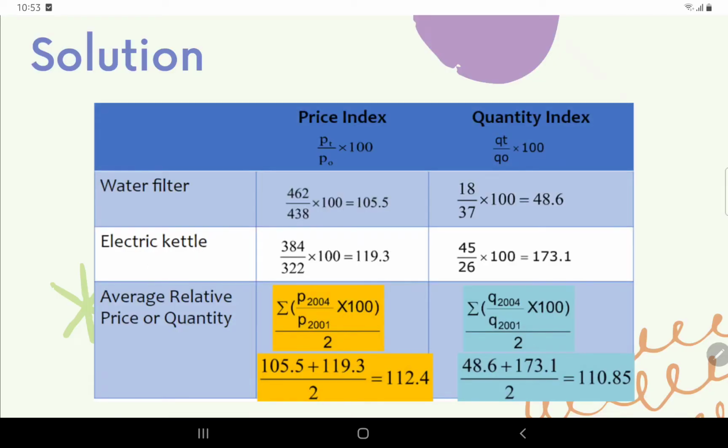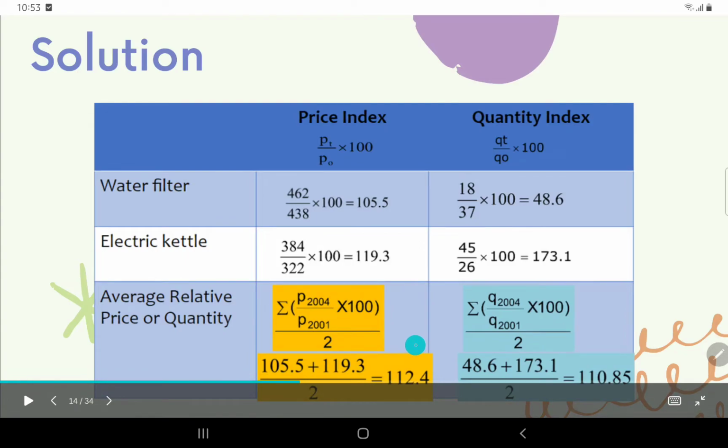So we can say that on average, the price index is increased by 12.4%, and on average, the quantity index increased by 10.85%.